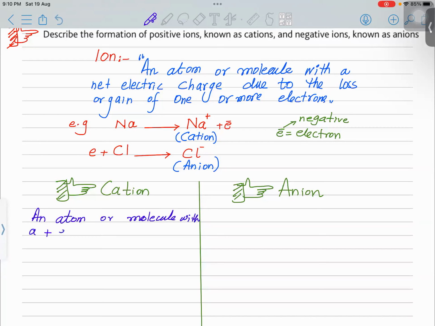With a positive electric charge, due to the loss of or gain of? Due to the loss of electron.